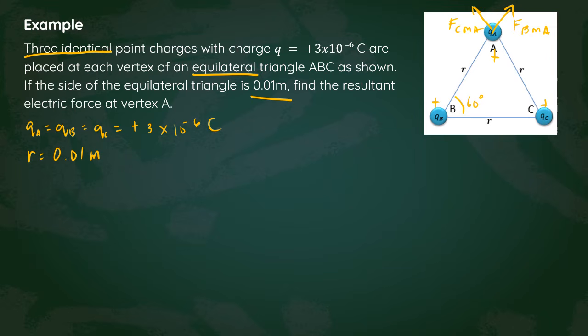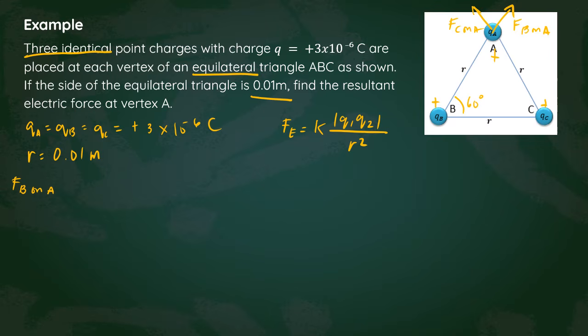To solve for the individual forces, force B on A and force C on A, we need again to use, of course, Coulomb's law to solve for the electric force. So let's write it here so that we will not forget. Now, let's solve for the first one, QB on QA, so force B on A. Since QA and QB are like signs, they will create a force of repulsion.